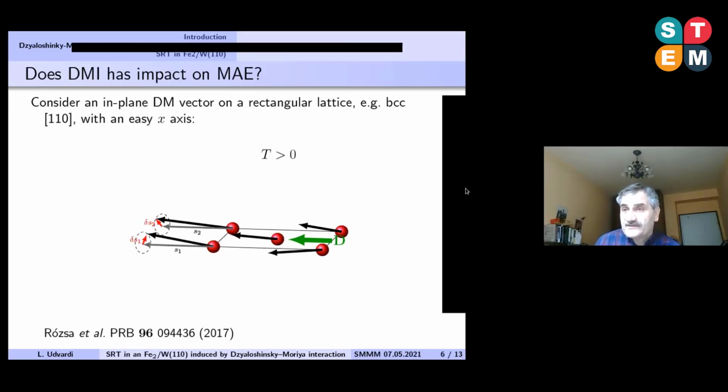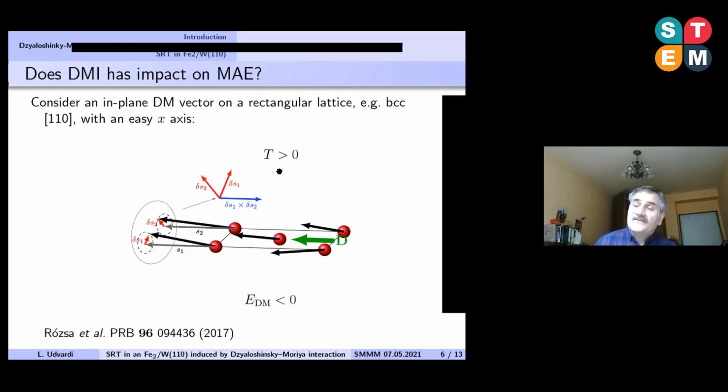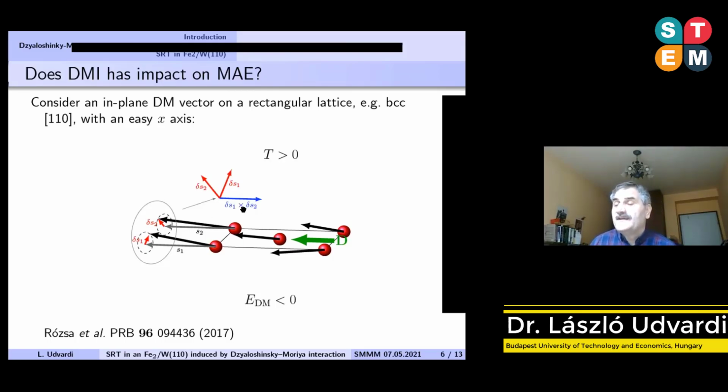And due to this precession, the fluctuations are perpendicular to the ferromagnetic orientation. And if we consider the fluctuations, the cross product of the fluctuations is parallel to the direction of the Dzyaloshinskii-Moriya vector.